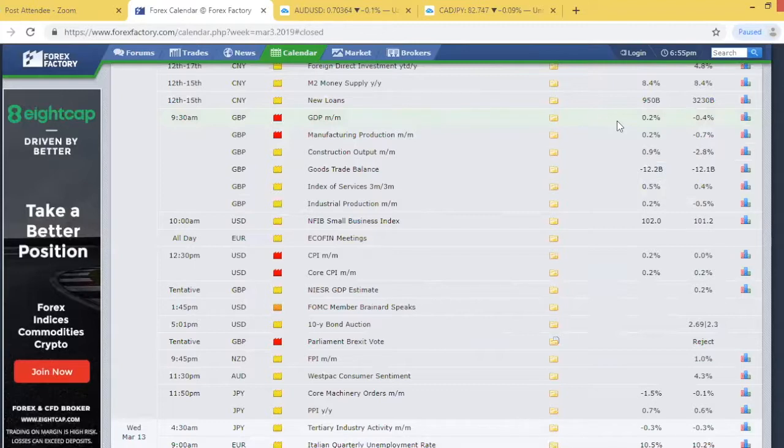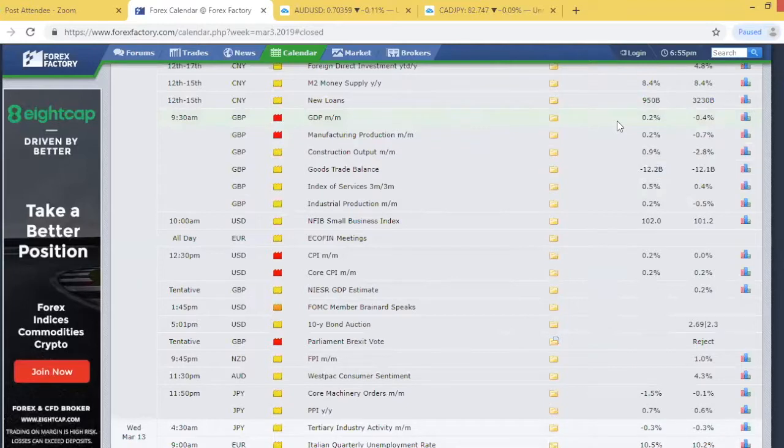And guys, we've seen that continue over the past couple of weeks, and with good GDP data month on month, we could see that pound rally continue into next week.